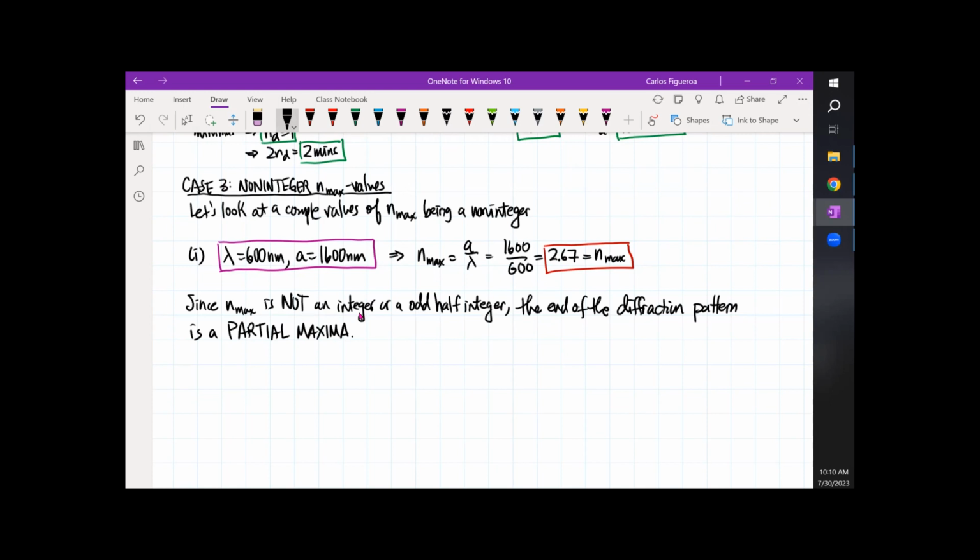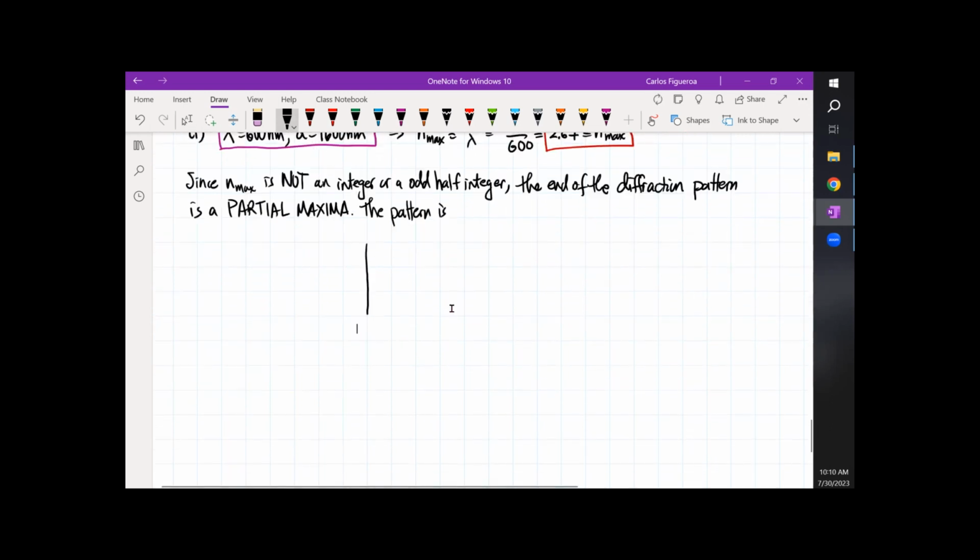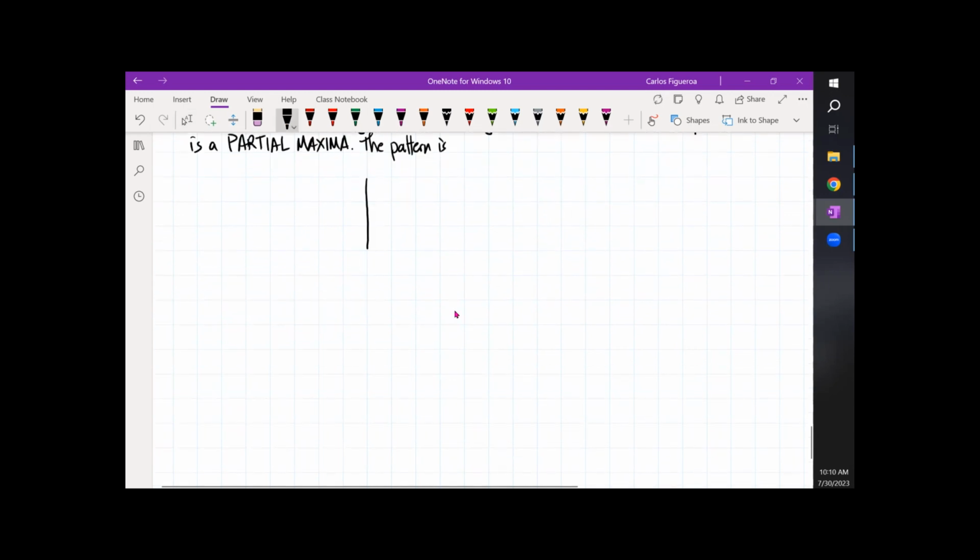So let's look at the pattern. The pattern is as follows. Let me bring this up a little bit. So here's my pattern. I know that this is 2.67. So now I look at my pattern here.